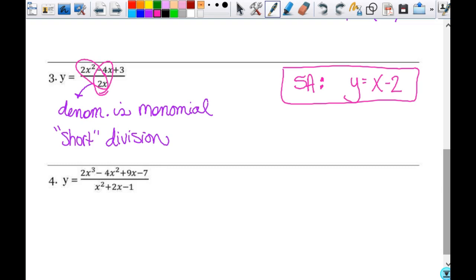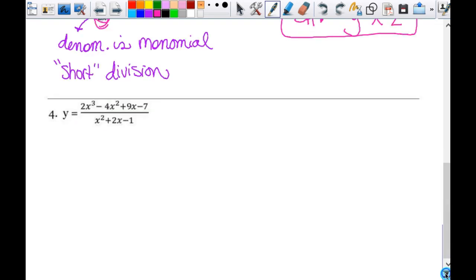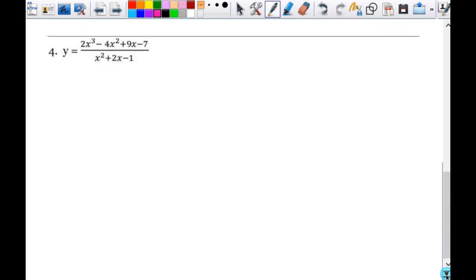All right, so let's look at this last one. We can't factor anything. I'm not even going to make you sit there and stare at it. Now remember, in order to get a slant asymptote, the numerator can only be one higher in degree than the denominator, and that's what's happening here.